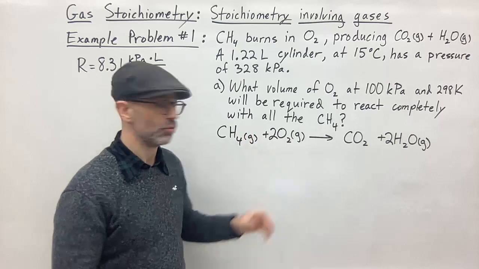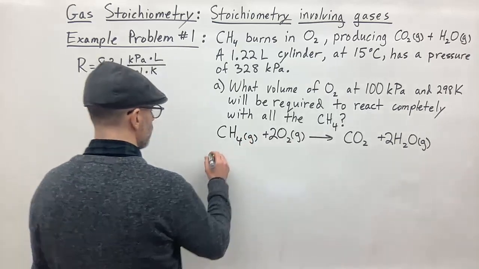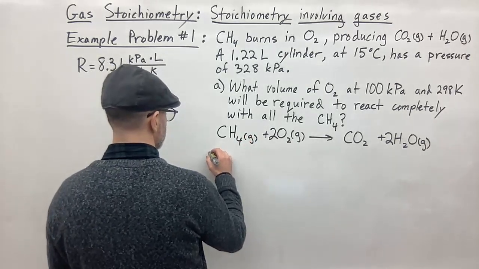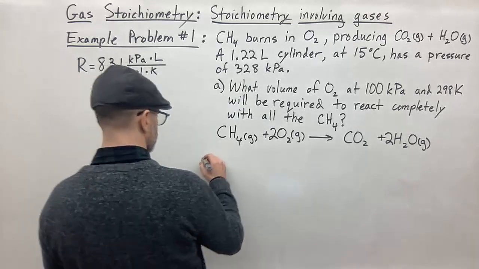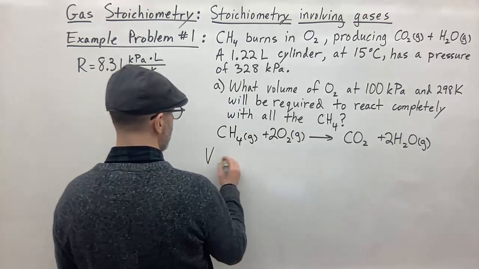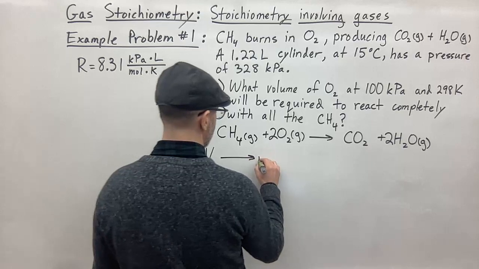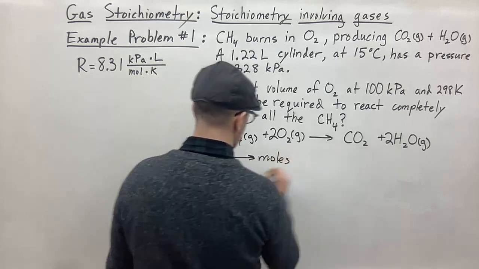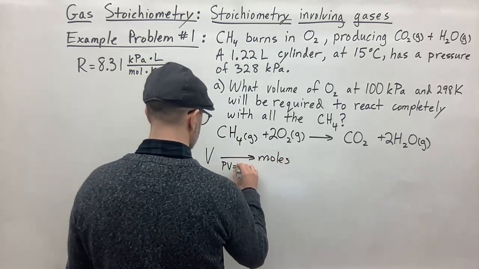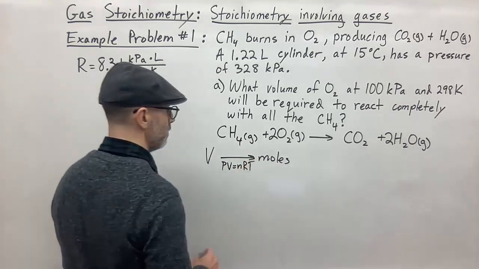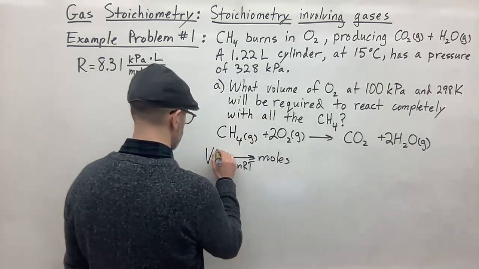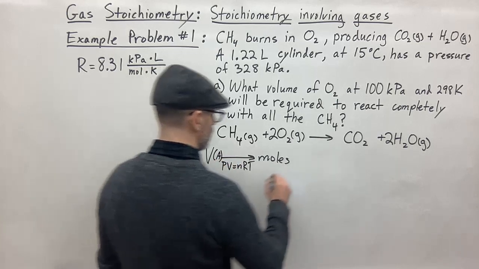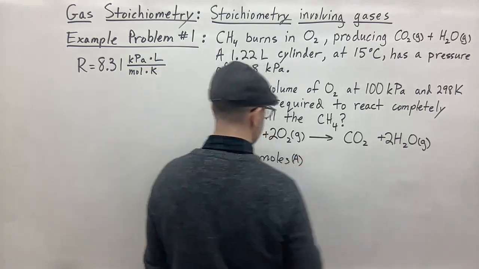So first, we take our volume of gas A and convert that to moles of gas A using PV equals nRT.